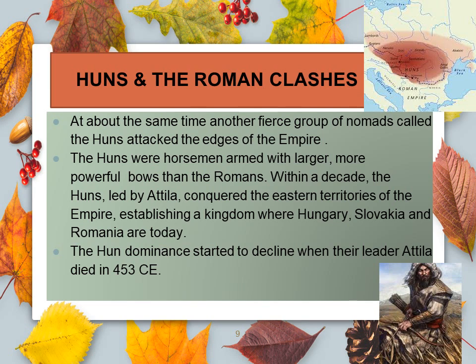So you can just see this, children, understand it, how the Huns were, after looking at the picture. They were actually horsemen armed with huge, big, powerful bows. And these bows and arrows obviously were too huge compared to what the Romans had.